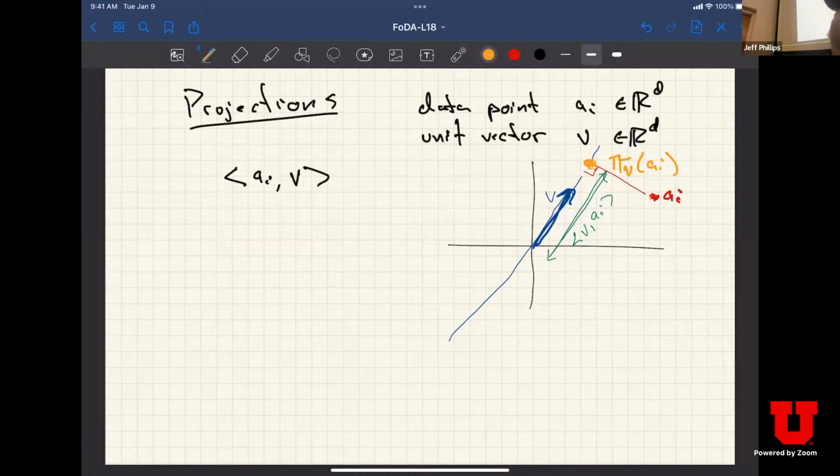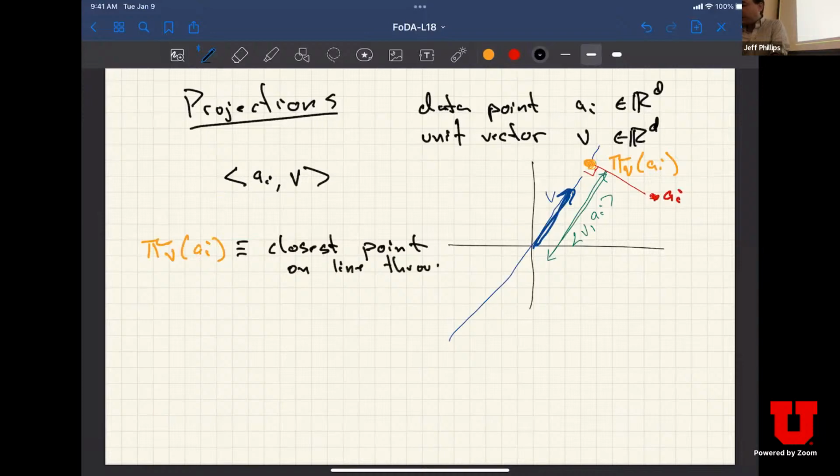And then I want to find the closest point from AI onto that line. So this projection of AI, and I use a pi symbol as the projection. This is the closest point on the line through V to AI. They both live in D dimensions.